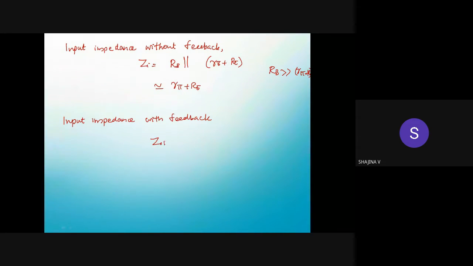that is ZIF. Here it is what? Current series feedback, right? So current series feedback means at input side the connection is series. So input impedance will be increased by the factor 1 plus A beta. So it is equal to R5 plus RE into 1 plus A beta, that means 1 plus beta RE divided by R5 plus RE.